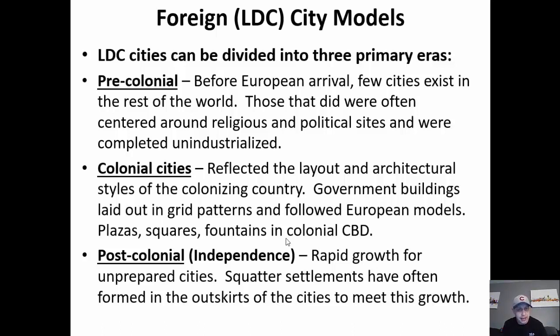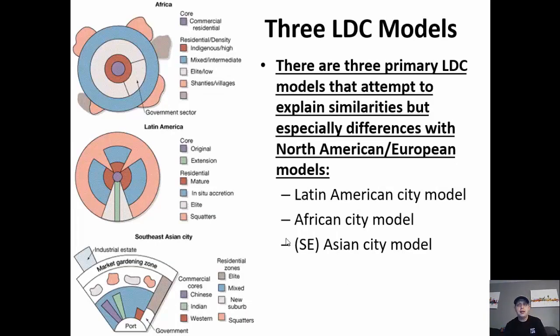The country that is now independent may not have the resources that the European country did, and so you tend to see massive growth at a rate faster than the city can provide housing or services to meet it. As a result, squatter settlements often form in the outskirts of these cities. Regardless of where you're at, these tendencies, these eras, were pretty commonplace.